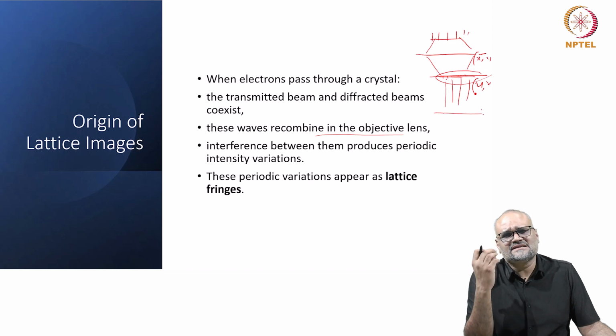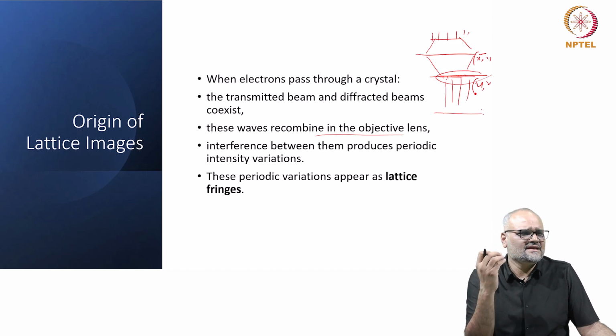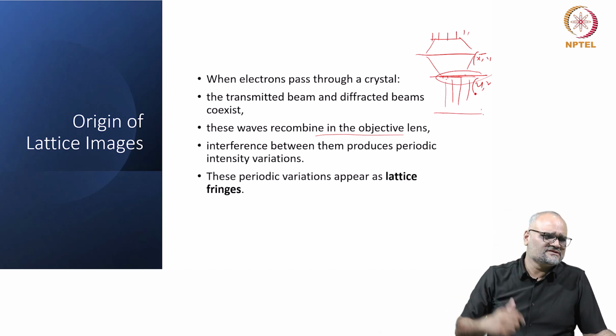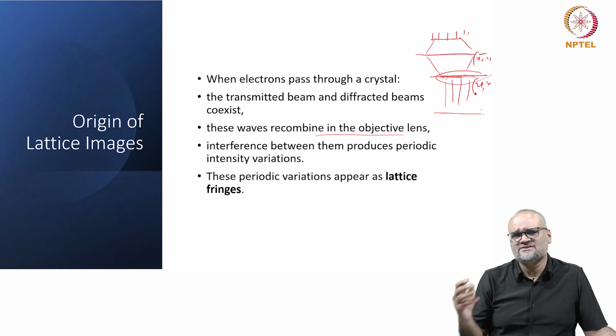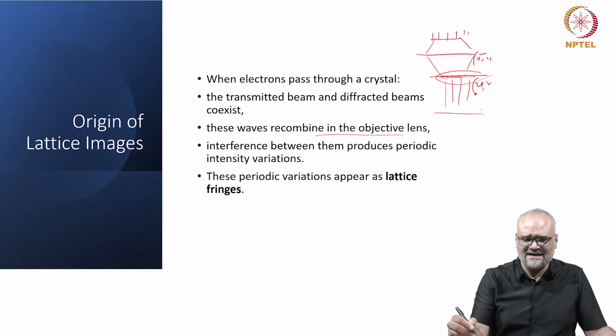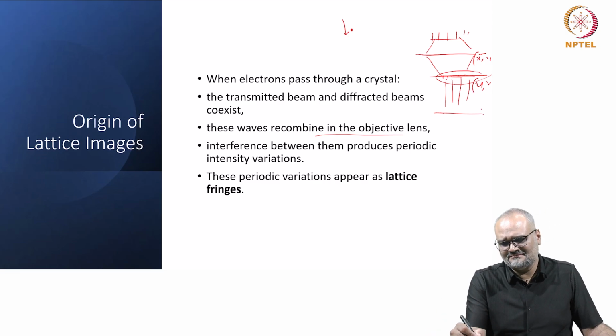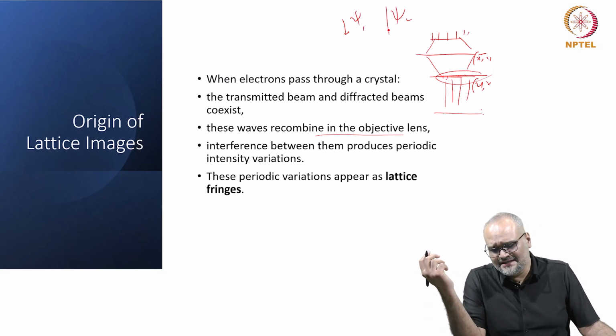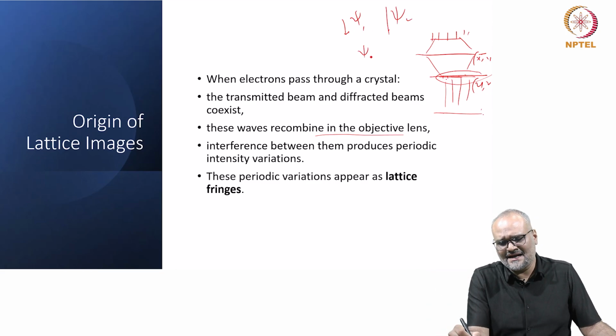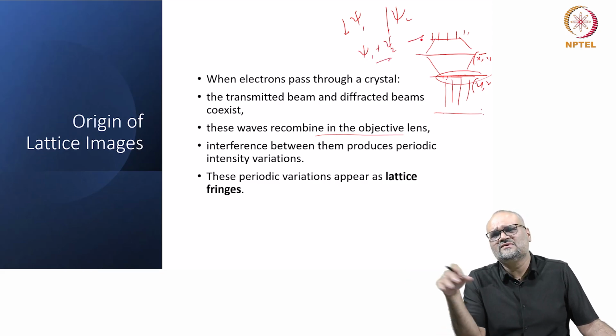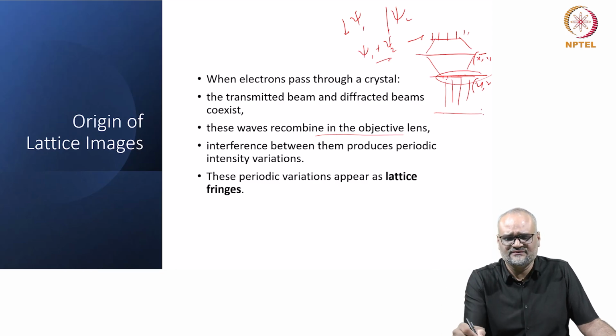So, the lattice fringes essentially appear from wave superposition. By superposition of waves, let us say I write psi 1 and psi 2 as two waves which are interfering, I can simply add them as psi 1 plus psi 2 in order to get the amplitude and the phase changes that happen as a consequence of the superposition of these two waves.